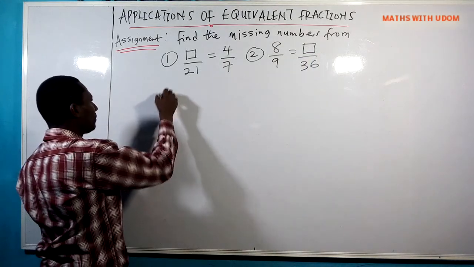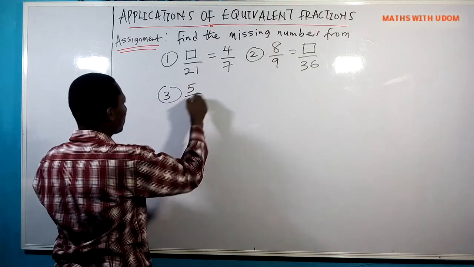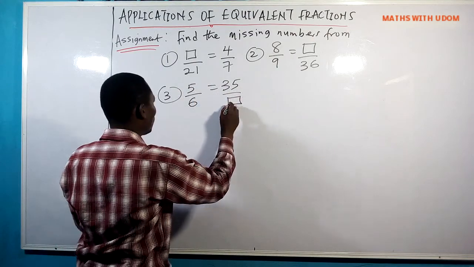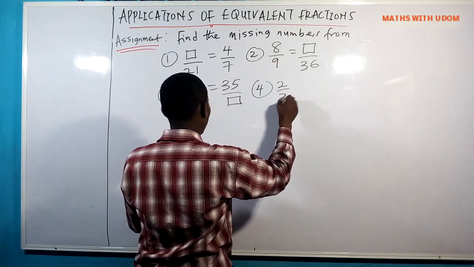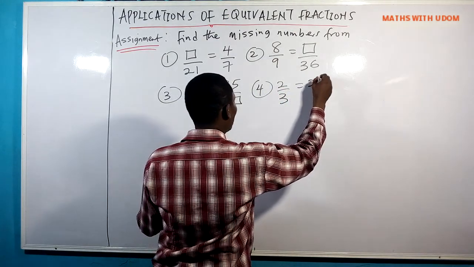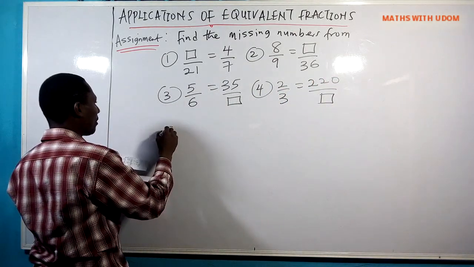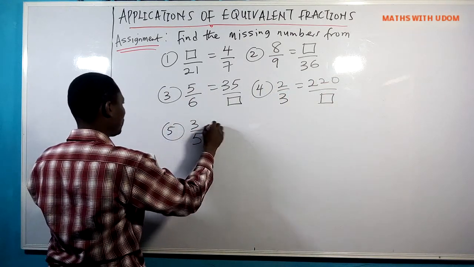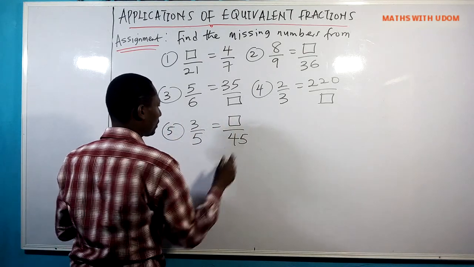Number 3. 5 over 6 equals to 35 over box. Number 4. 2 over 3 equals to 220 divided by box. And lastly, number 5. We have 3 divided by 5 equals to box over 45.